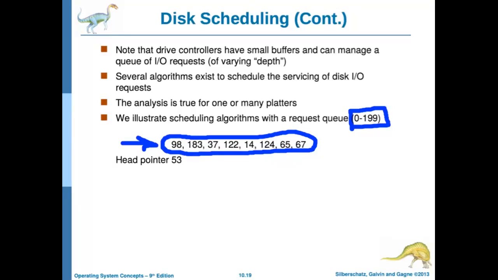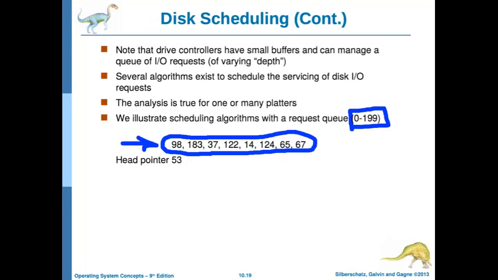Okay. So the very first question I asked: the number of cylinders is 200. Numbering starts with 0, so 0 to 199 are the cylinder numbers, and there is a queue in order to access the disk. Now the operating system has the responsibility to provide service, and for that, which request is scheduled first?